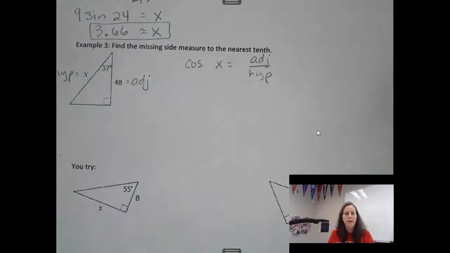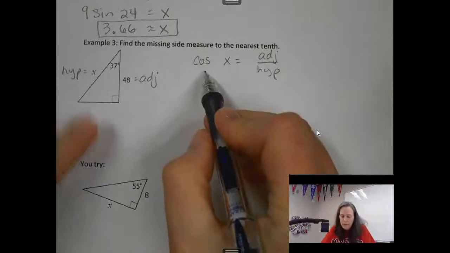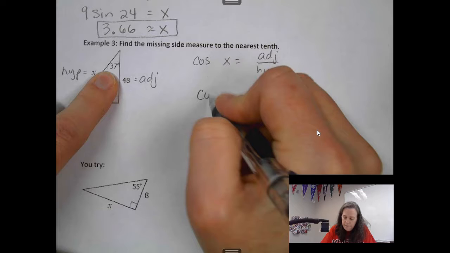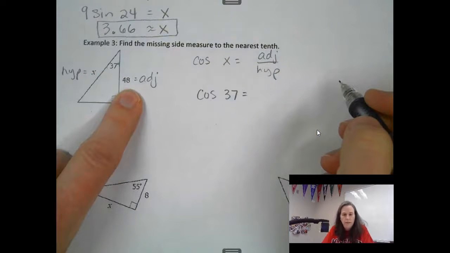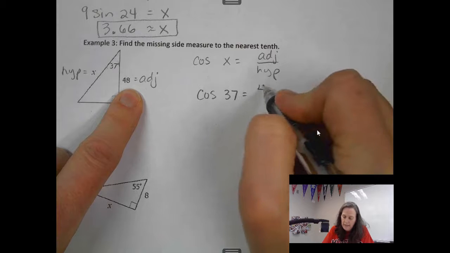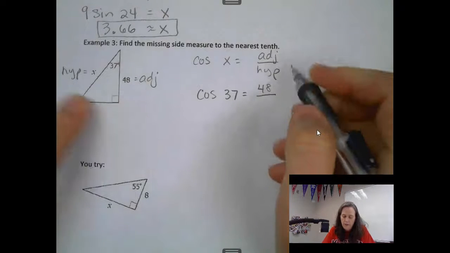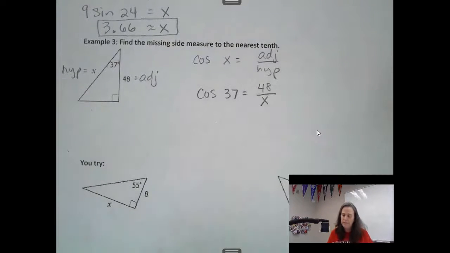Now let's plug in what we've got. Cosine of 37 equals adjacent is 48 over hypotenuse is x. Interesting. Now, how can we get x all by itself?